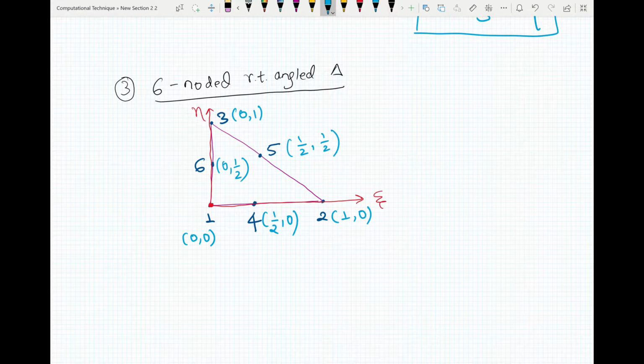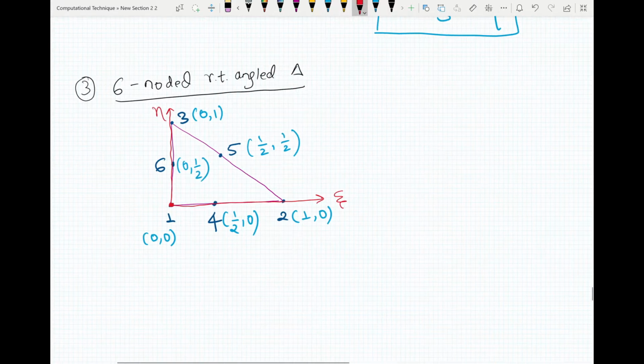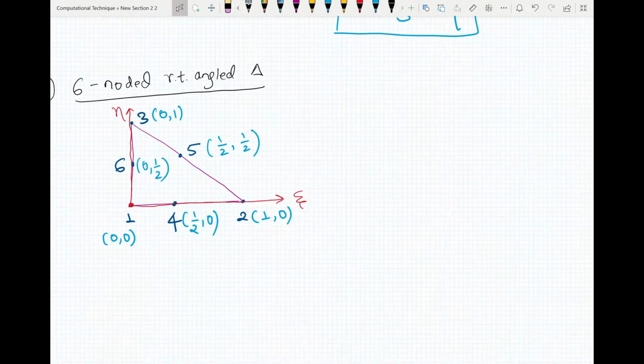Now let's try to find the shape function for each of the nodes. Here you can see that since we have 6 points, this will be a quadratic shape function.